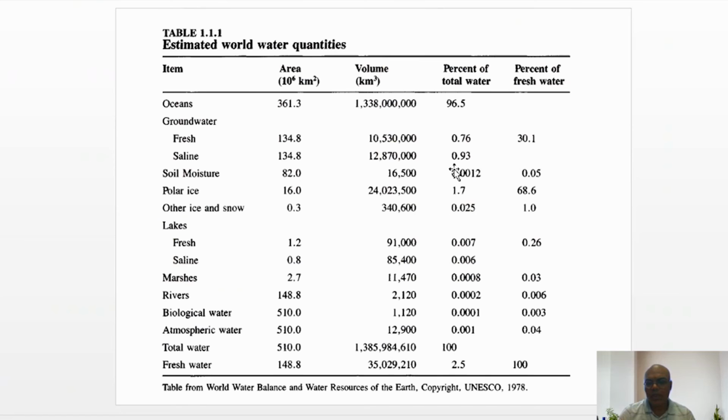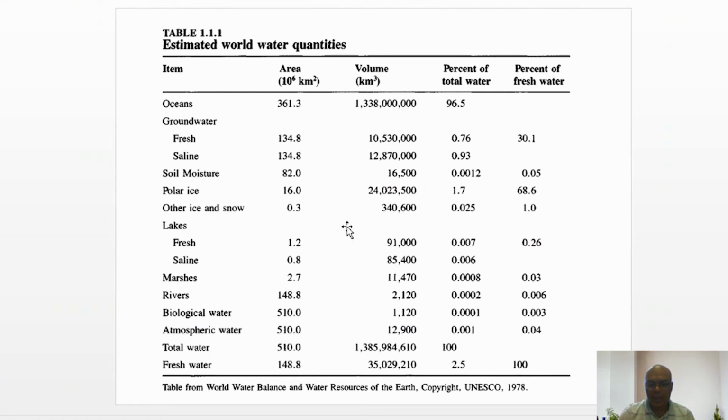This table gives the quantities of water available in different items such as oceans and groundwater. We can see that oceans hold 96.5% of total water, equal to 1338 million kilometer cube.